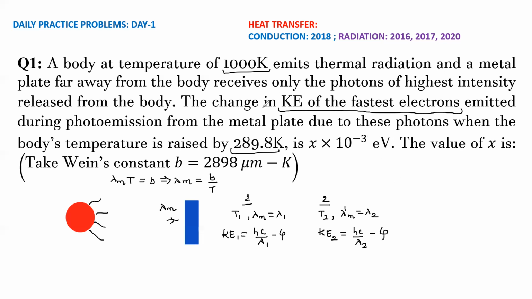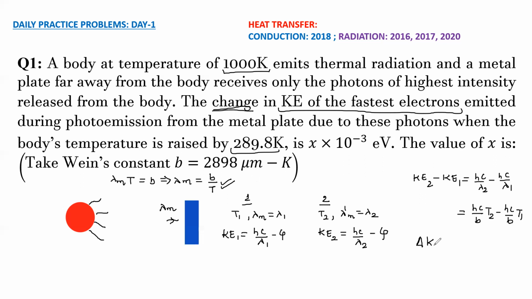Now they are asking the change in KE, and therefore all I have to do is KE2 minus KE1, which is, as you can clearly see, hc by lambda 2 minus hc by lambda 1. Now, I know that lambda 2 can be written as b by T2, and lambda 1 can be written as b by T1. So this will be hc by b times T2 minus hc by b times T1.